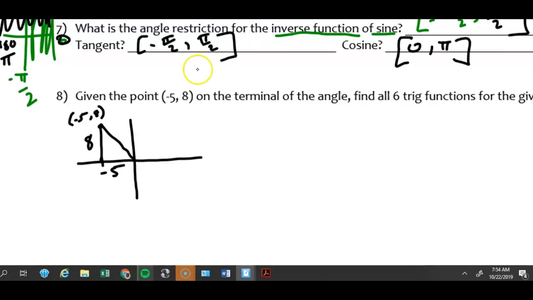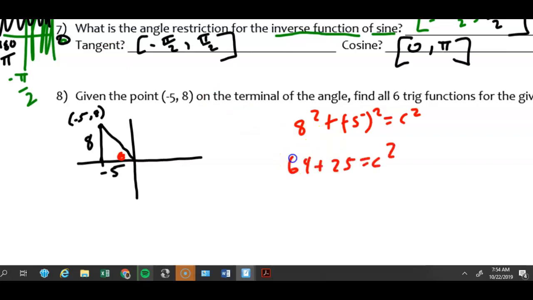Which means, if you remember, guys, theta always comes out the origin. So now what we're going to do is use the Pythagorean theorem. We have 8 up, negative 5. So we have 8 squared plus negative 5 squared equals c squared. So that is 40. Ooh, holy moly, I did 8 times 5. That's 64 plus 25 equals c squared. When we add that together, we get 89 equals c squared.